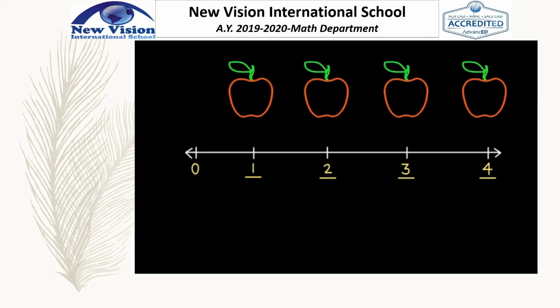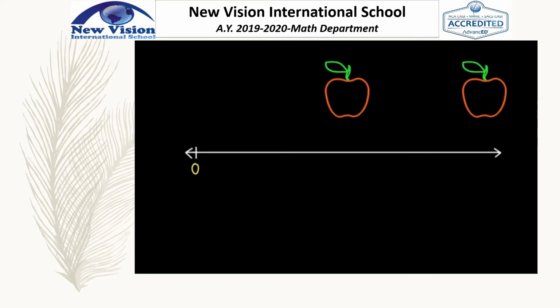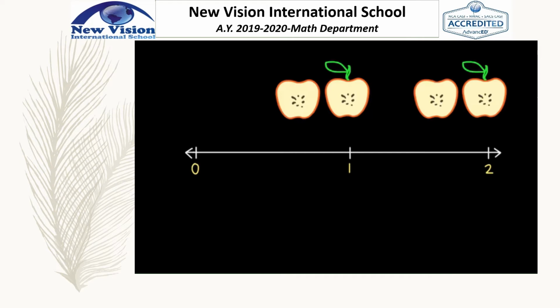And the number of parts, 1, is the denominator. 1 whole apple, 2 whole apples, 3 whole apples, 4 whole apples. Here are 2 whole apples. 1, 2. What if we cut them in half?